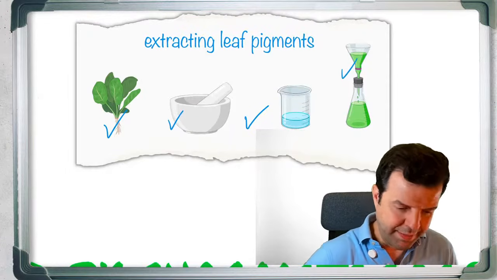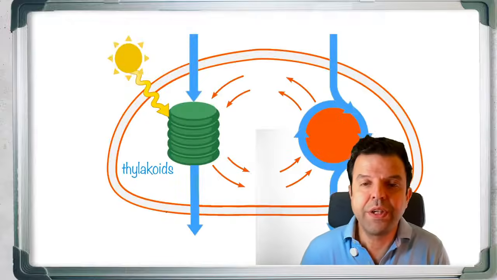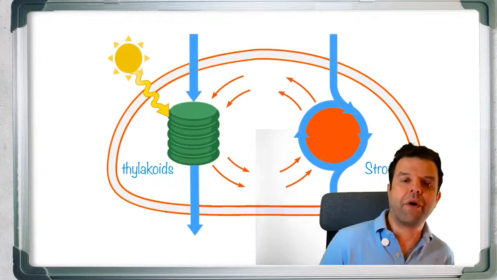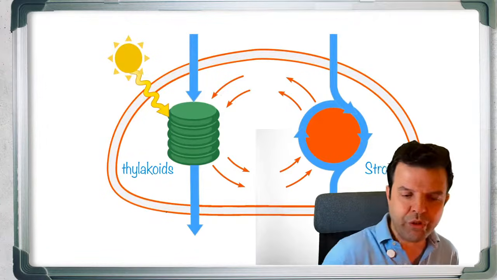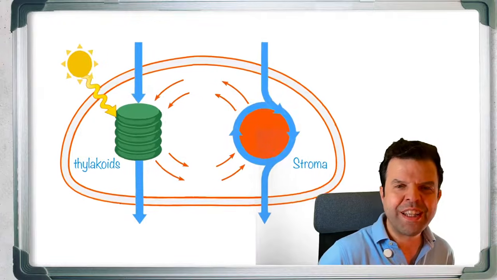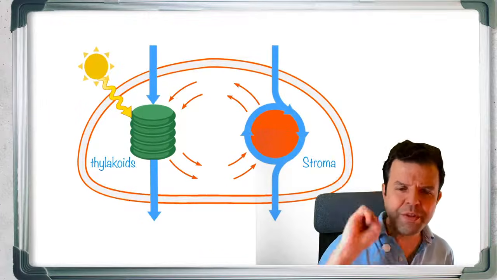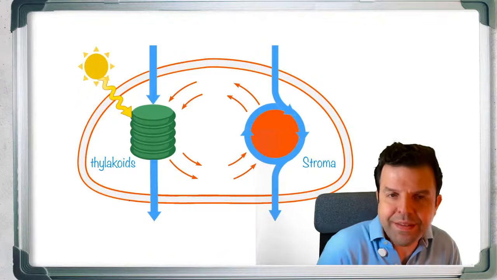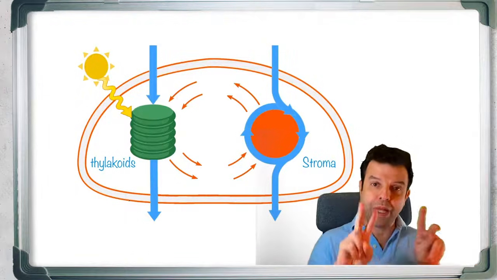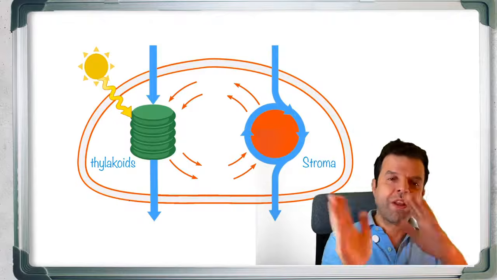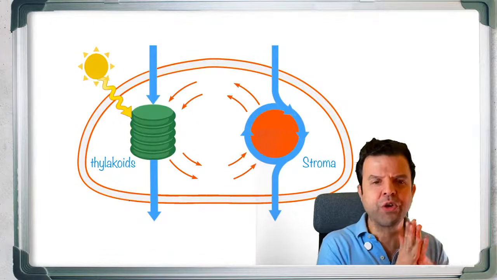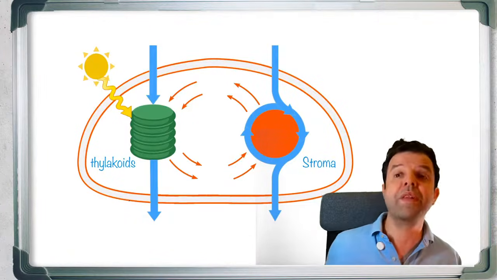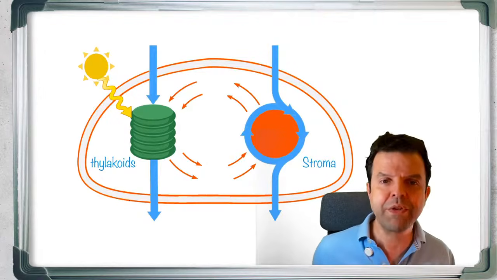All right, let's now get into the main part of the lesson, which talks about the reactions of photosynthesis. Do you remember what I said about the chloroplast being two parts? The one on the left here on your screen is what we call the light-dependent reaction.